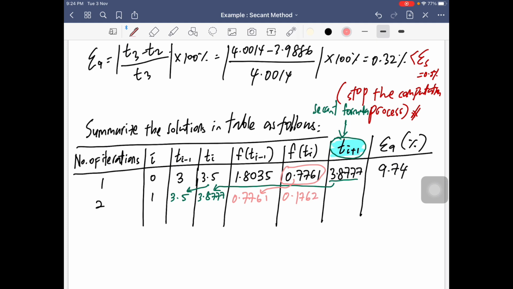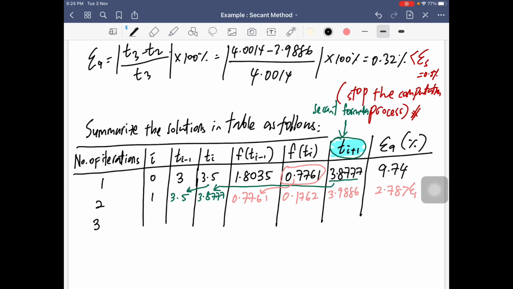And then by using the secant method formula, you must use a calculator, and then on our computation we get 3.9886, and then here is 2.78, so still greater than the stopping criterion, then we need to move to the next iteration.